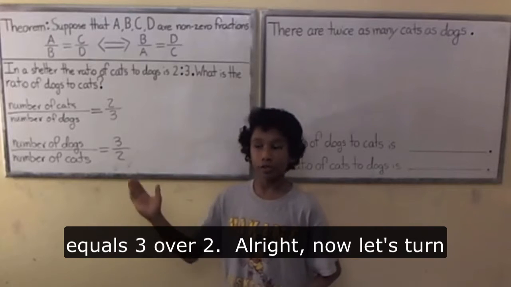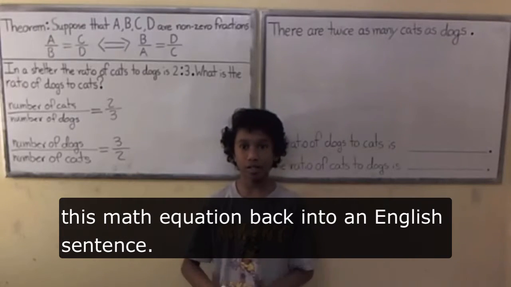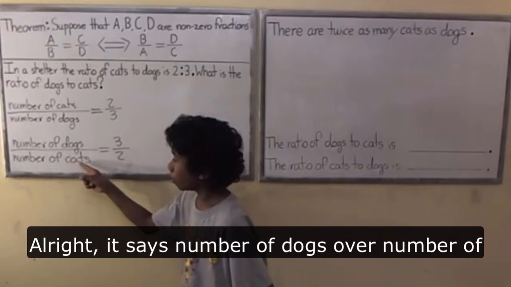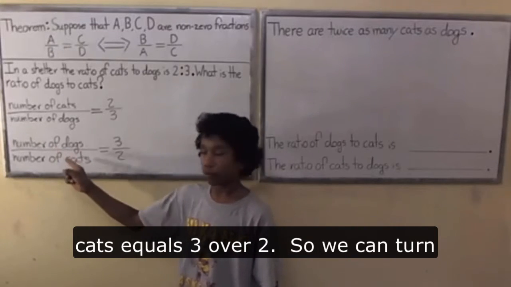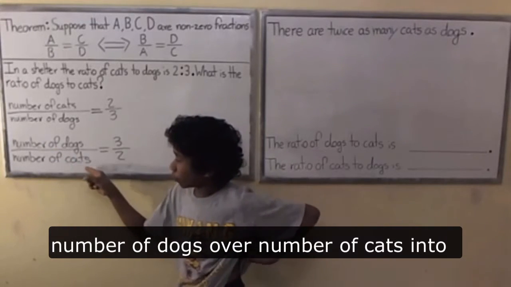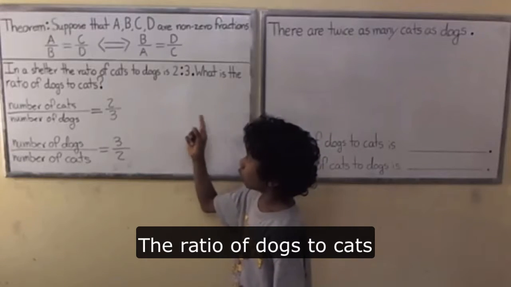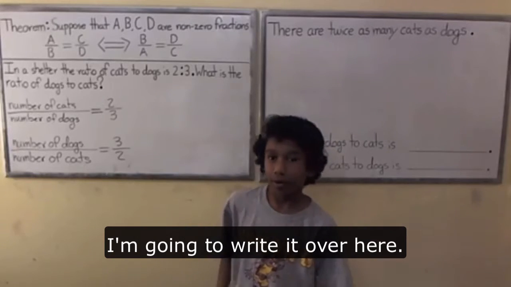Alright, now let's turn this math equation back into an English sentence. It says number of dogs over number of cats equals 3 over 2. So we can turn the number of dogs over number of cats into the ratio of dogs to cats. I'm going to write it over here.